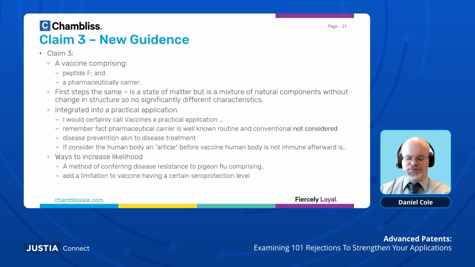We're considering the human body an article before the vaccine. Body is not immune, afterwards it is. So we are now transforming the human body maybe into a new state or thing. So now have we changed this into a patentable, not an exception to 101? I would argue maybe you have.